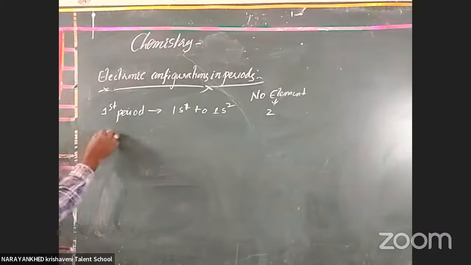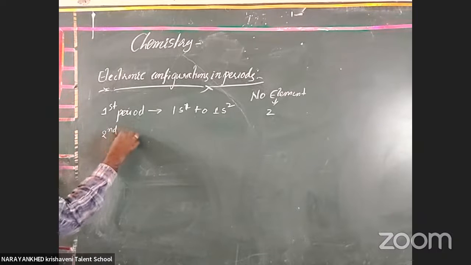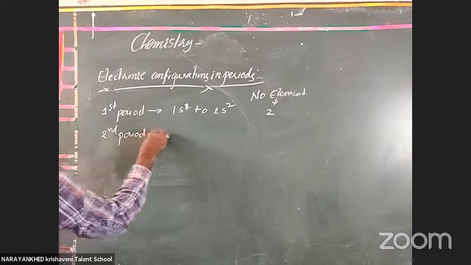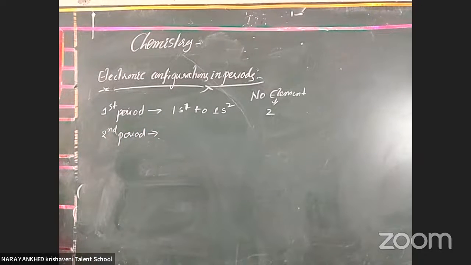When you come to the second period, it starts from 1s2. It starts with lithium, and the third electron enters the 2s orbital. The next element, beryllium, has 4 electrons and the electronic configuration 1s2 2s2. The second period continues with the next element, boron.